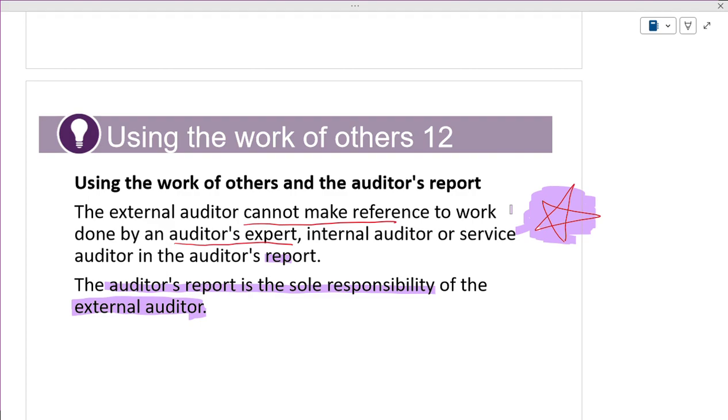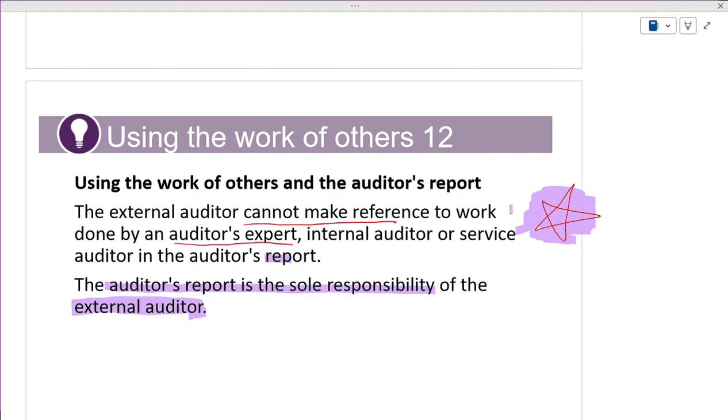I told you in the beginning, I am telling you in the end also. We cannot say that internal auditors are doing it, experts are doing it, service organizations are doing it. No. It is not going to make any impact. The responsibility lies with the external auditor only.